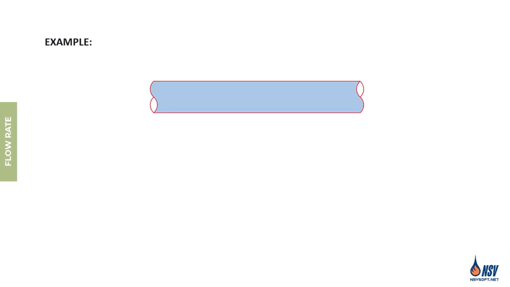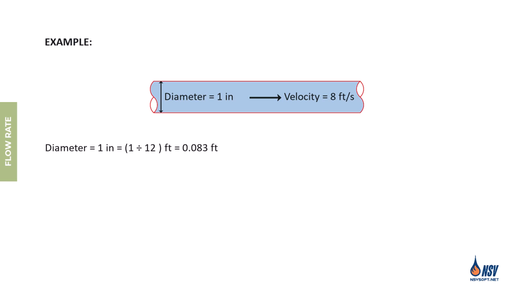For example, let's calculate the flow rate of water moving at 8 feet per second through a pipe with an internal diameter of 1 inch. First, we convert the diameter to feet by dividing 1 by 12, which gives us approximately 0.083 feet. Then we calculate the cross-sectional area using the formula for the area of a circle.